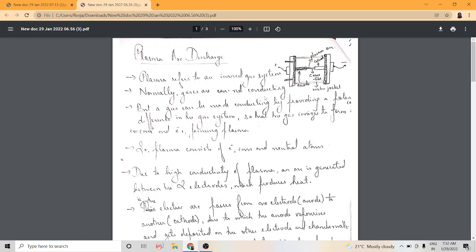This mixture of positive ions, electrons and neutral atoms is called plasma, and the plasma is highly conducting. Now in this technique, we are using a plasma arc discharge to produce or synthesize nanostructures.